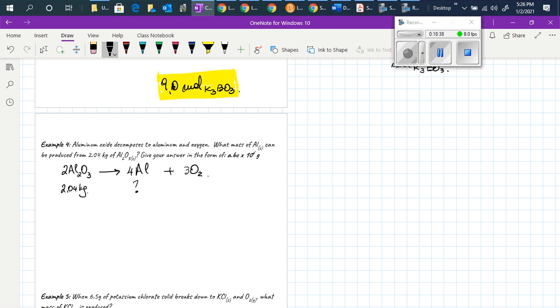Personally, I have the tendency to write the molar mass as a given here as well, of what you are looking for and what is given. So I personally have this tendency, but you can do it as you work your way through. So the molar mass of aluminum oxide is 101.96 grams per mole.